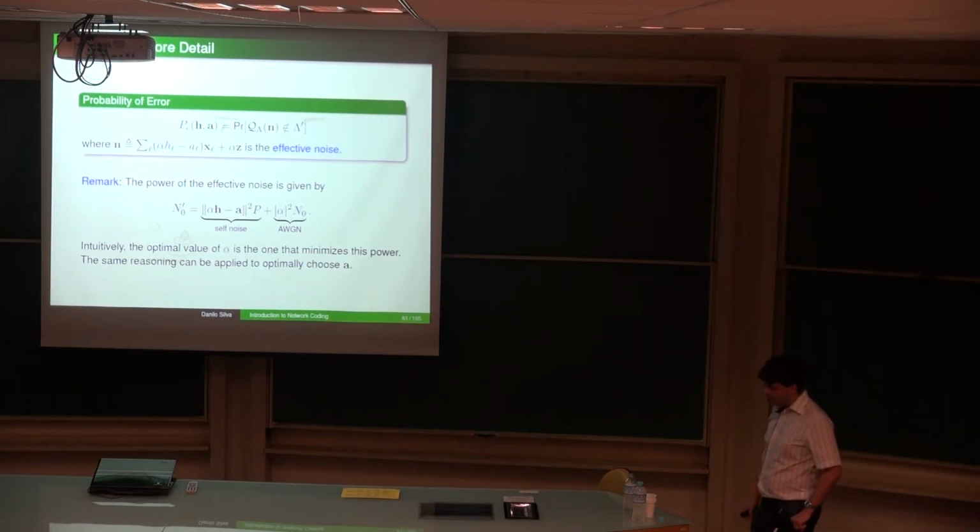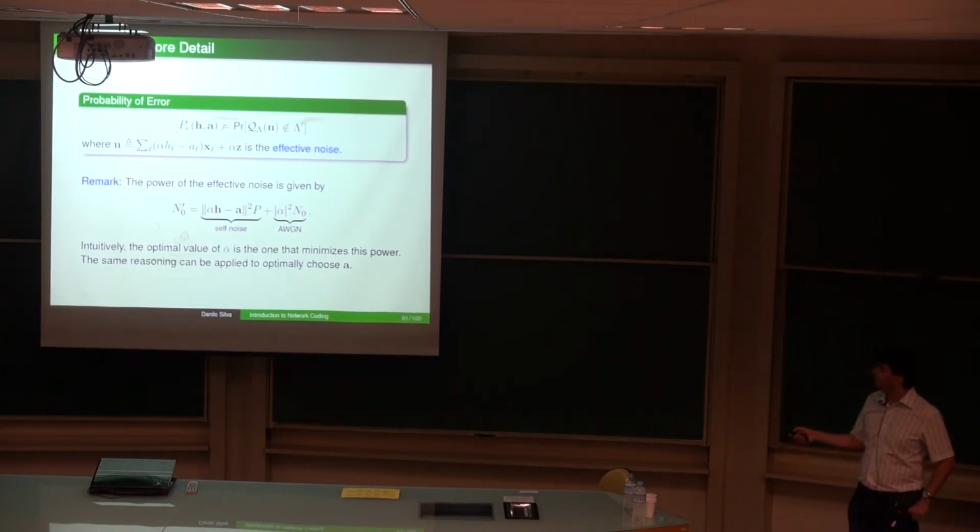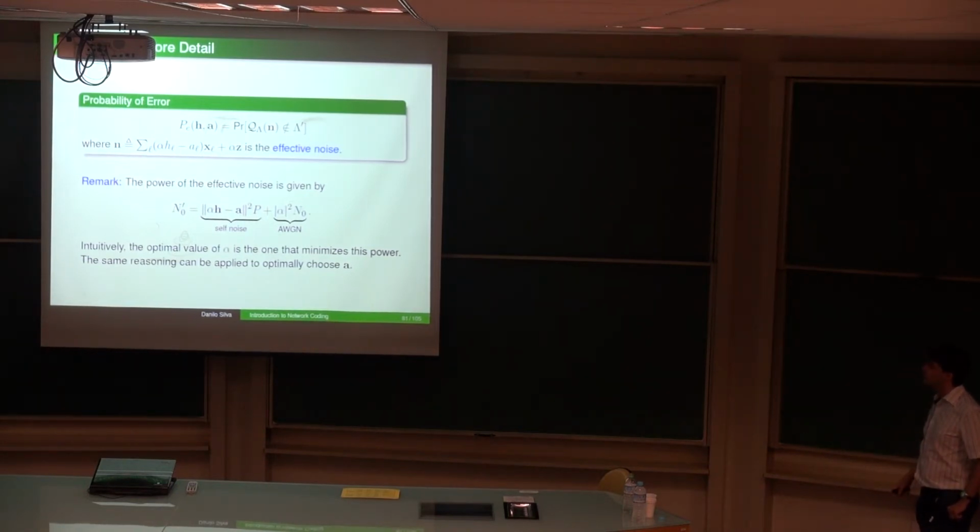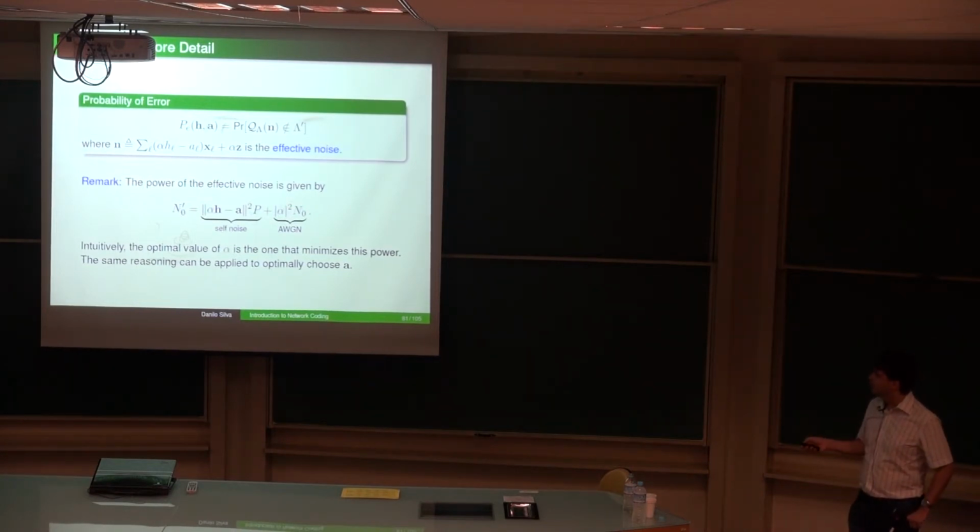And intuitively, it's useful to consider the power of this effective noise. So it's given by this expression here. This term is related to the mismatch between the channel coefficients and the integer coefficients. And this term is due to Gaussian noise. So by carefully choosing alpha, you can trade between this self noise, this mismatch, and the Gaussian noise.